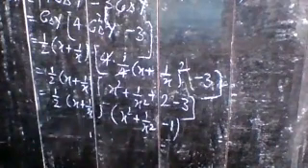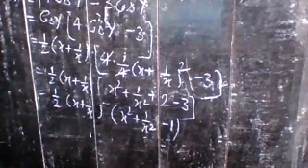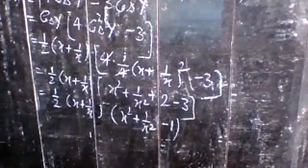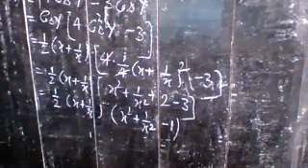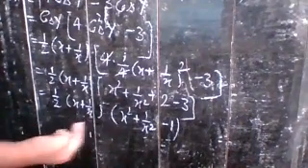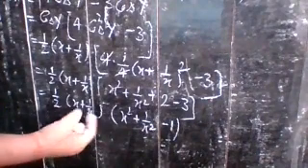Now applying the identity of a cube plus b cube, which is in the form of factors. So a cube plus b cube is equal to, in the first bracket you write a plus b, and in the second bracket you write a square minus ab plus b square. So here you see that it is completely in that form.